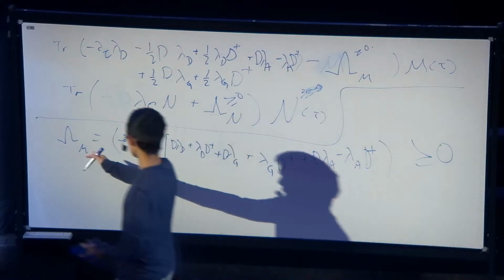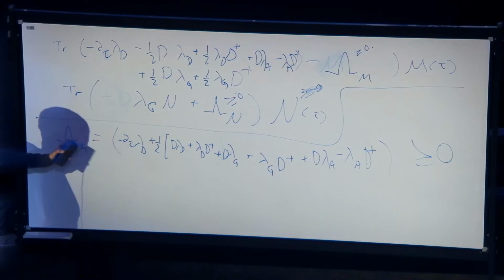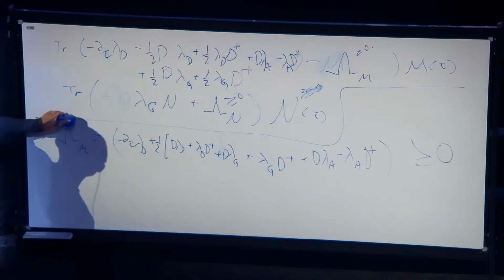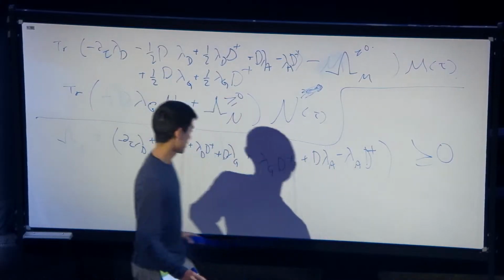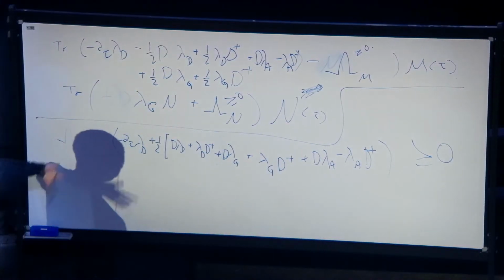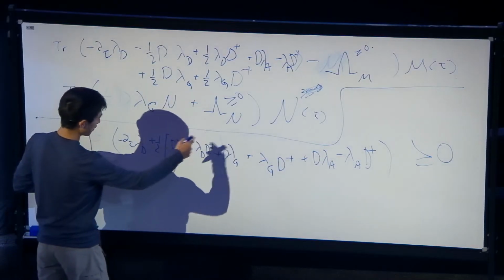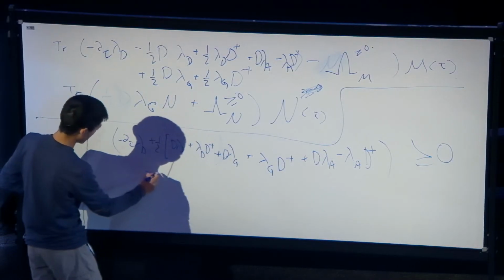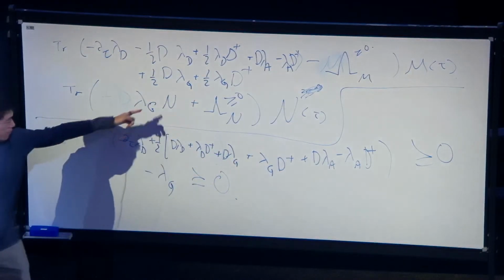So lambda m, sorry, could be anything. So this equation tells us nothing except for the fact that it's positive semi-definite. So we can just forget about lambda m and enforce that this quantity is positive semi-definite, right? Varying with respect to n also gives us now a very simple condition, which is basically the same. So we just derived that lambda g is positive semi-definite, right? Following the exact same logic.